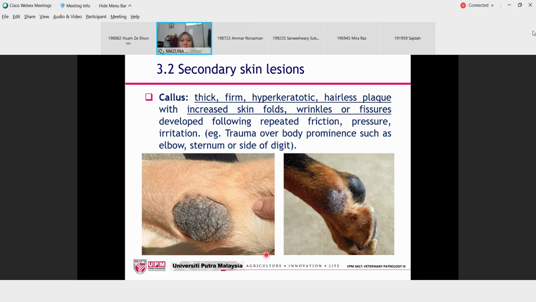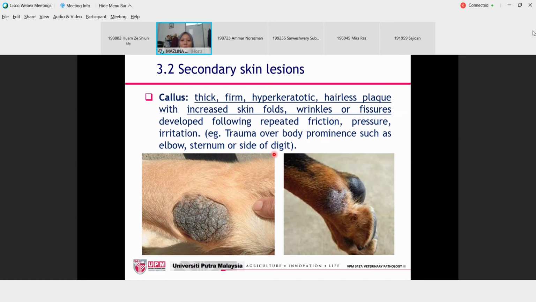So callus is basically a thick, firm, hyperkeratotic, hairless plaque with increased skin folds, wrinkles or fissure that develops following repeated friction or pressure or irritation. You would normally see this at the body prominences, such as the elbow, sternum, or side of the digit, because of the constant or chronic friction pressure.